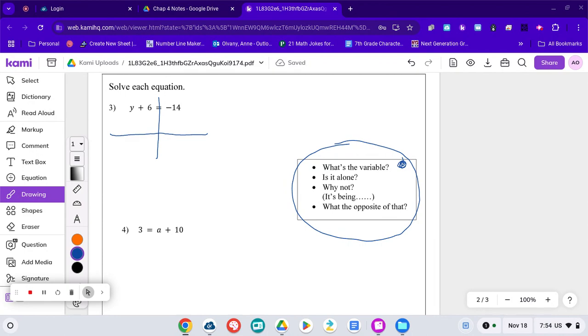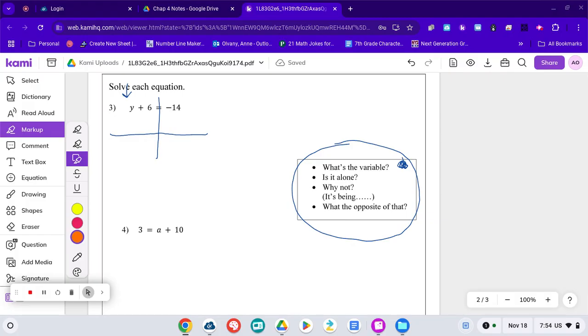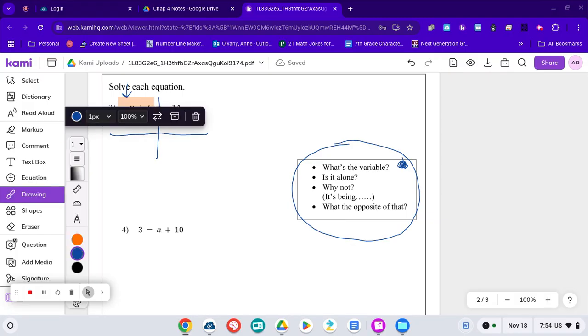And if you don't really remember last year, then we'll talk about what's the variable. In this case, the variable is y. Is it alone? No. As you can see, y on this side of the equal sign has a +6. So why is it not alone? It's being added.